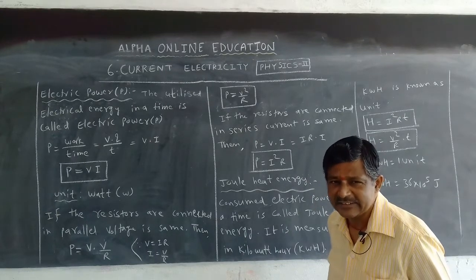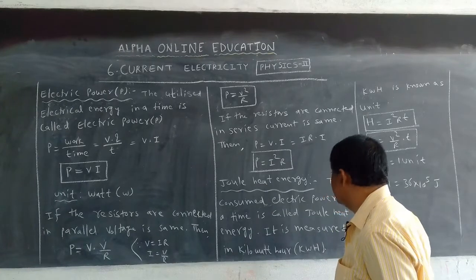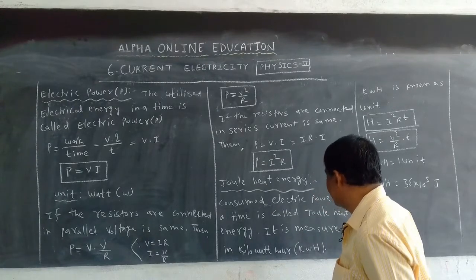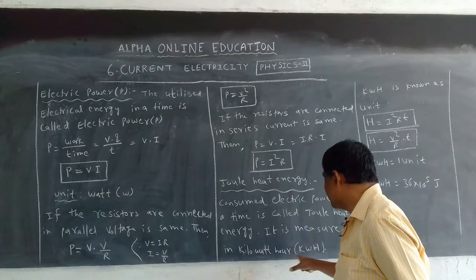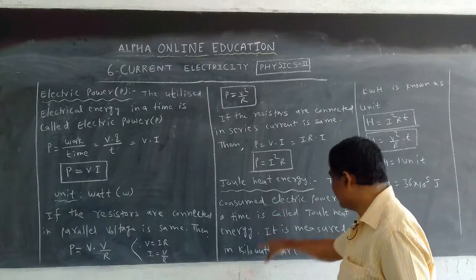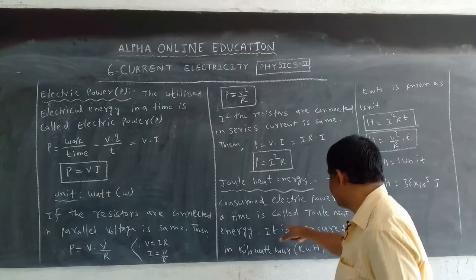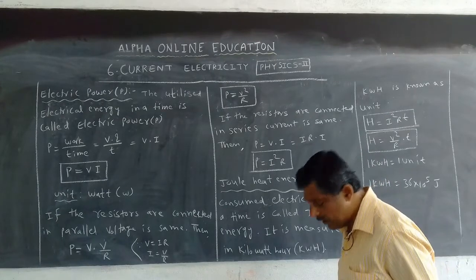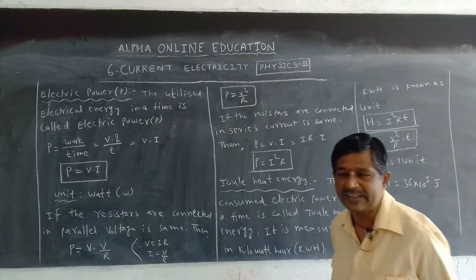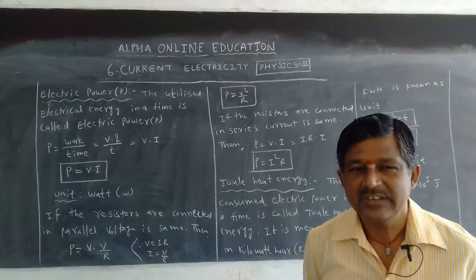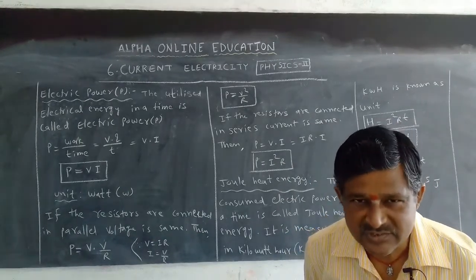This Joule heat energy is measured in kilowatt hour. Power unit is watt, but for more power, kilowatt. The time is taken as hours here. Kilowatt hour, kWh. This is utilized in our houses.